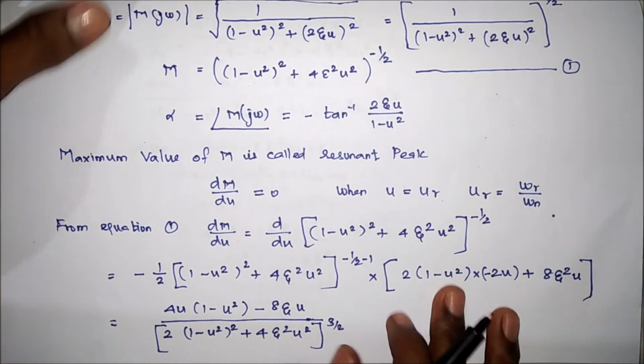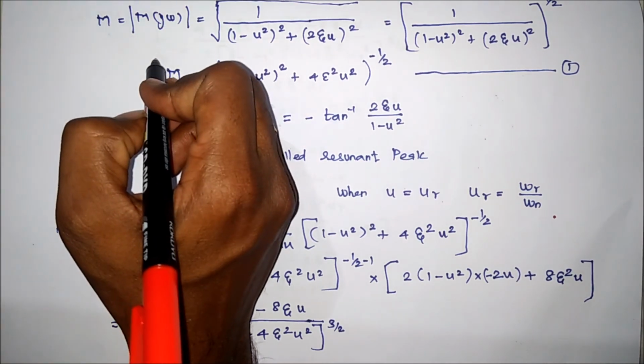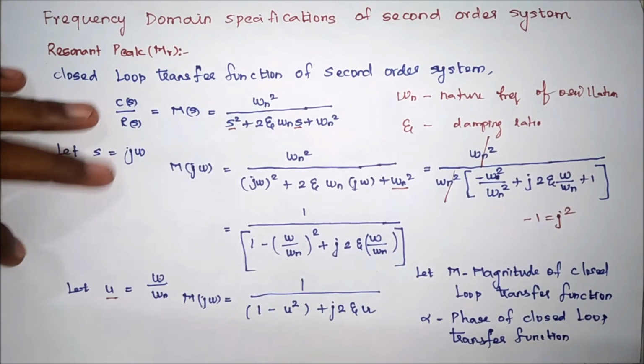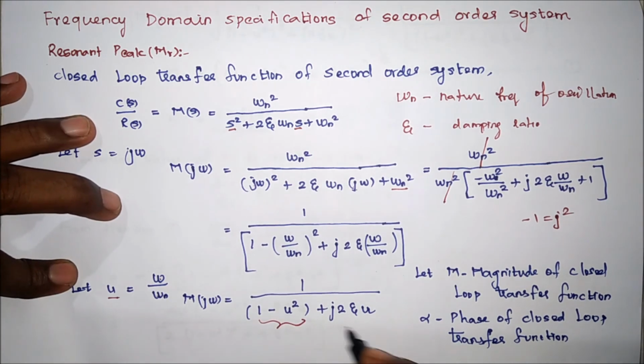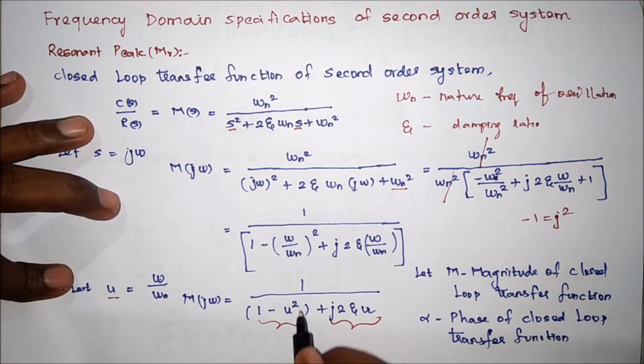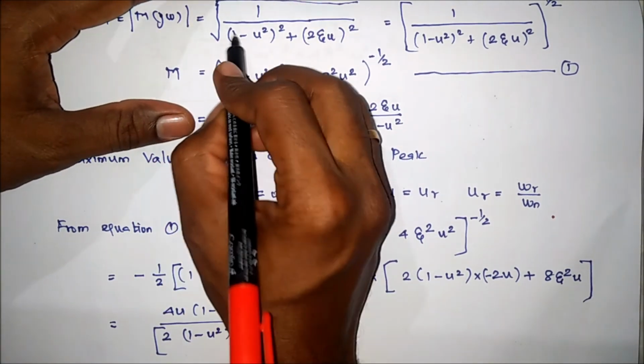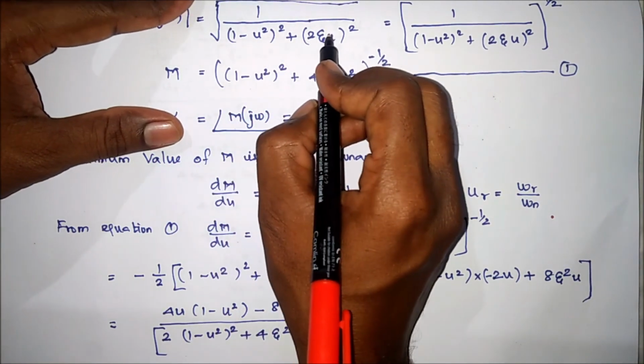After substituting, now we have to take the magnitude for this. So now we know this is real part, this is imaginary part. So to take the magnitude, we have to take the square root, then we have to square real part and imaginary part. Finally we have to add. So this is real part square, imaginary part square.